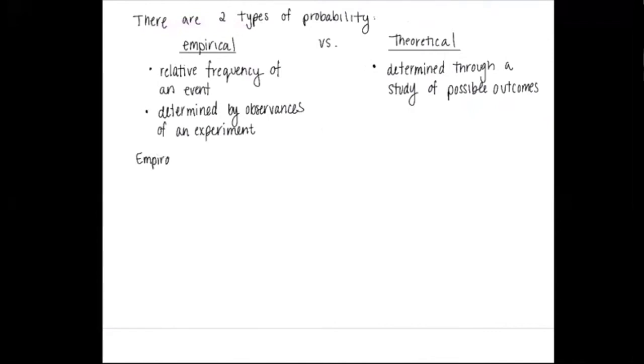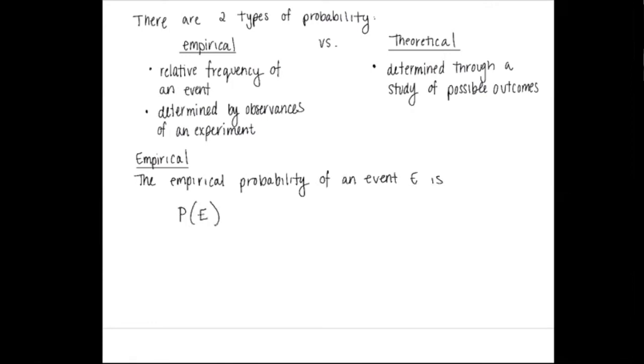Their probabilities are really calculated in the same way. So the empirical probability of an event E is found as follows. We use P to indicate probability. You put whatever event it is on the inside, so some type of description or words. It's going to just be a fraction.